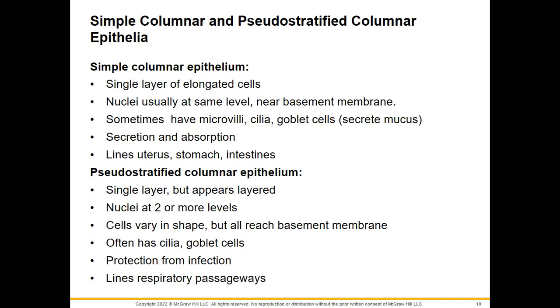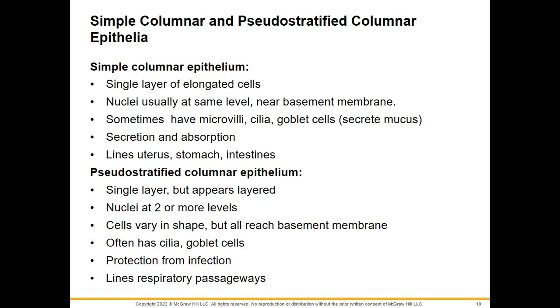In most simple columnar epithelia, you'll find that the nuclei are usually around the same level, and that'll be close to the basement membrane of those cells, which is near where that cell is connected to the structure that it's covering. So nuclei usually at the same level, and that's going to be near the basement membrane.